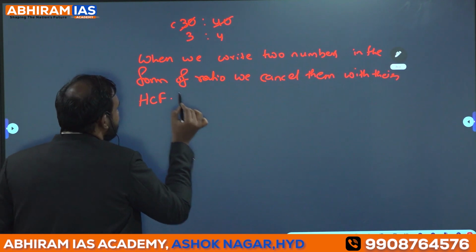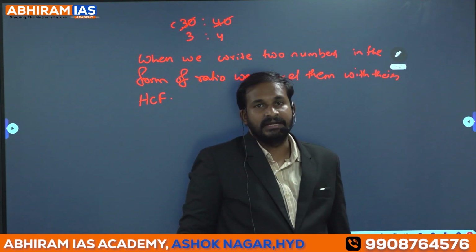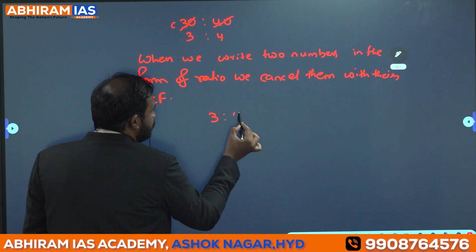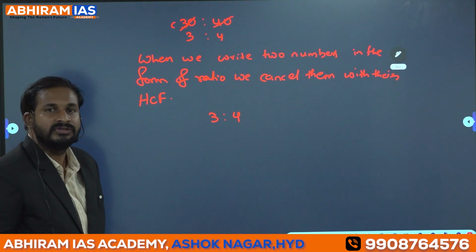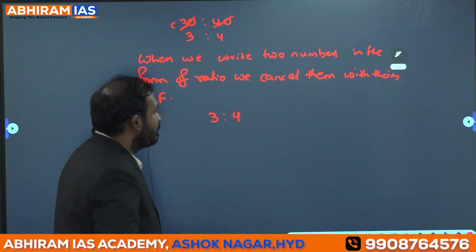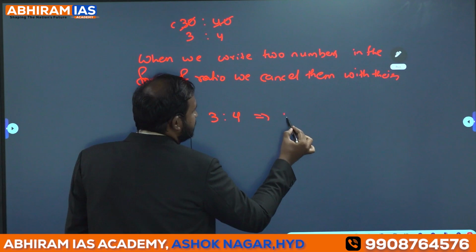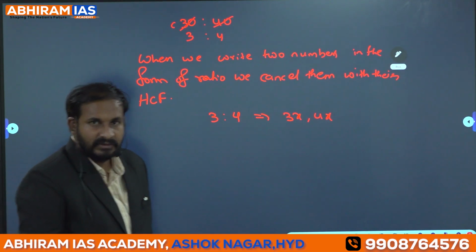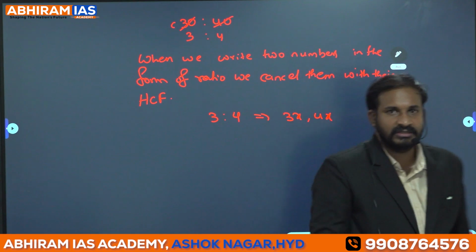We cancel them with their HCF, right? And see here students, if two numbers are in the ratio 3:4, for example, then usually how will we assume those two numbers? We will assume those two numbers as 3x and 4x, or 3a and 4a, like this, right?